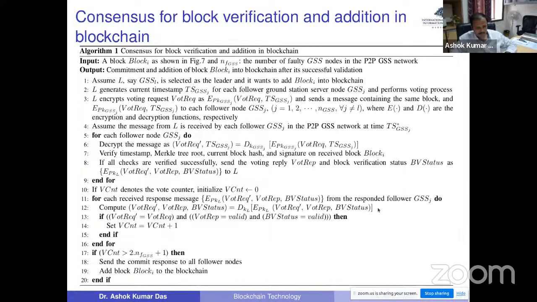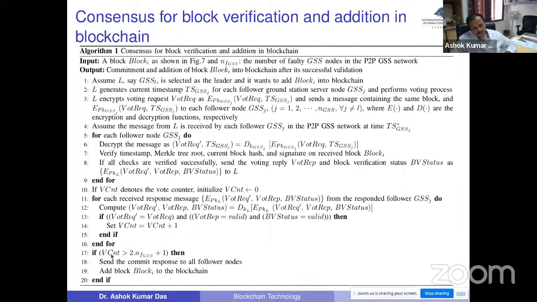Using its private key, it will get the voting request message, the voting reply message, and the verification status message. Then it will check whether the voting request message sent earlier is the same as this message, whether the voting reply message was valid or not, and whether the block verification status is valid or not. If all are valid, then only it will increment the voting count by 1.